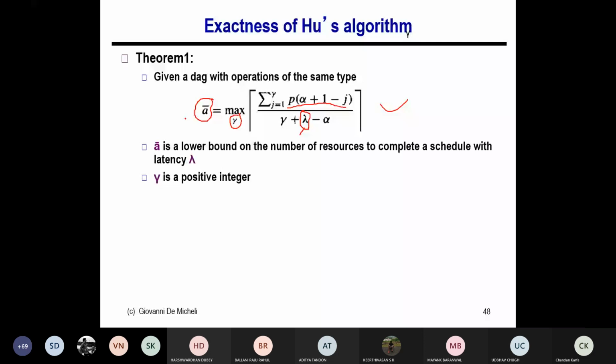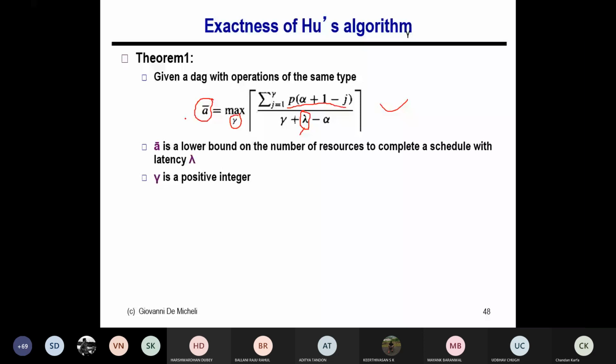So given this lower bound of resources, and if I give some value lambda, it is always able to solve the problem in lambda. What does it mean? If given a resource bound, it always gives you the minimum latency, so it actually solves the problem MLRC.